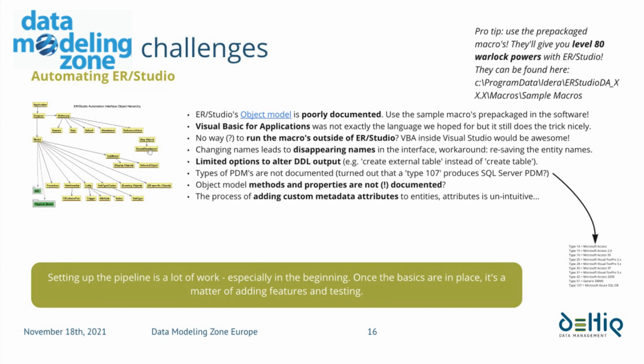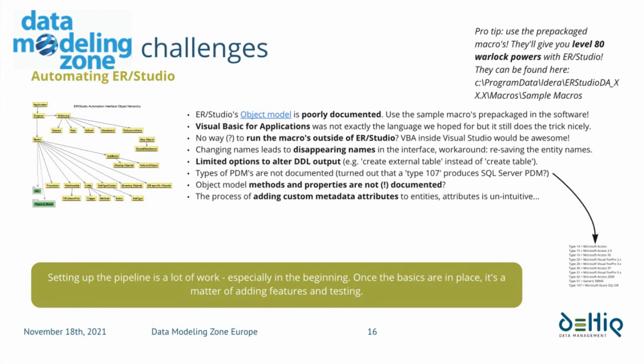It will give you a lot of insight into the inner workings of the object model. Visual Basic for Applications is not exactly the language that I hoped for when automating, but it still works nicely. I didn't find out how to run the macros outside of ER Studio, for instance, running them inside Visual Studio as a development environment. It would be awesome if that was possible.